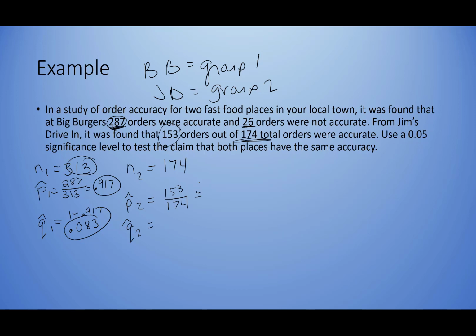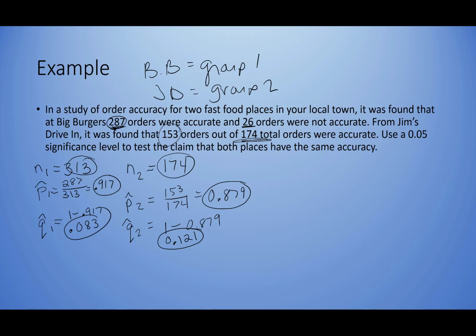And when I do that, I get approximately 0.879. And then Q hat 2 is the complement of P hat 2, so I need to do 1 minus 0.879. And when I do that, I get 0.121. So here are 3 of the values from group 2 that I'm going to need.